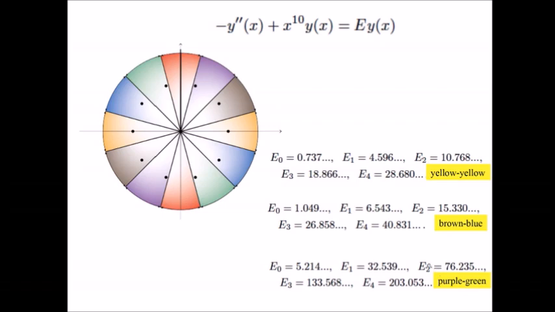And this is very interesting because for the same Hamiltonian, p squared plus x to the 10, we have 3 different spectra. If you think about the real world, there are 3 kinds of leptons. They have almost identical properties, except that the masses of the leptons get bigger and bigger.